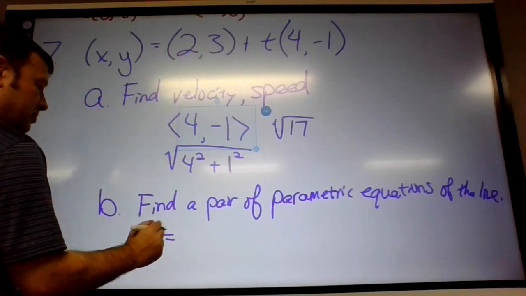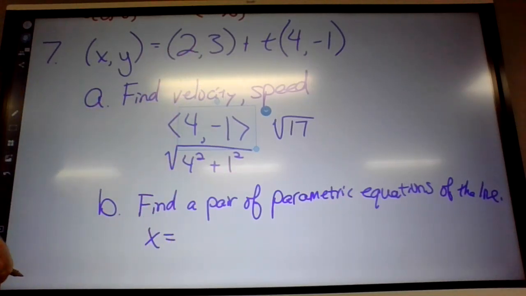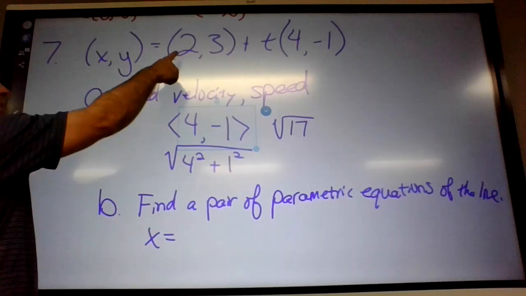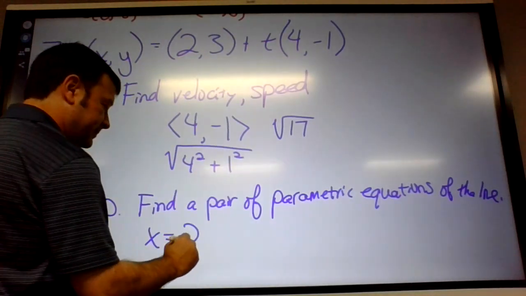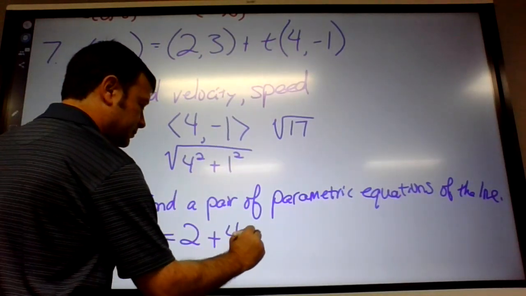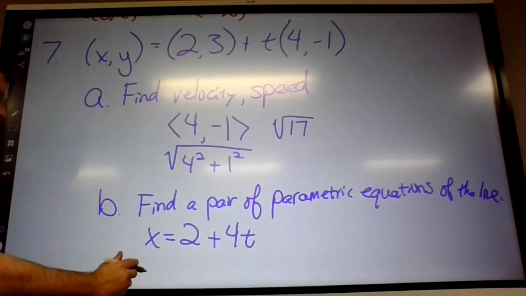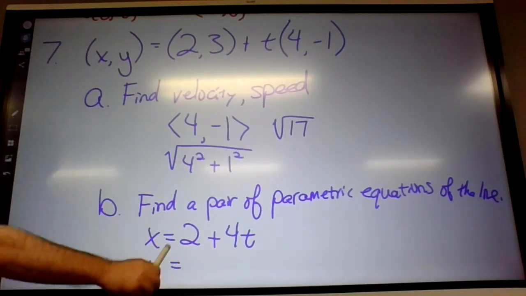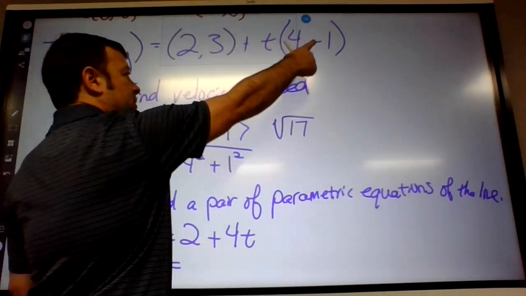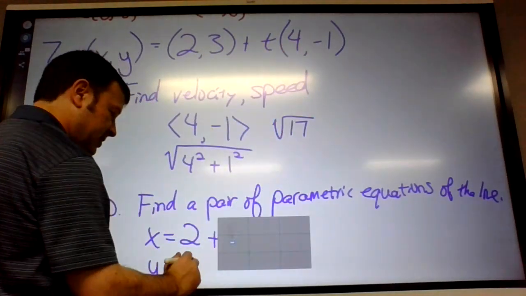So what's the x value going to be equal to? 2 plus 4t. You guys remember writing that kind of stuff? And what's the y value going to be equal to? 3 minus 1t, or just 3 minus t?